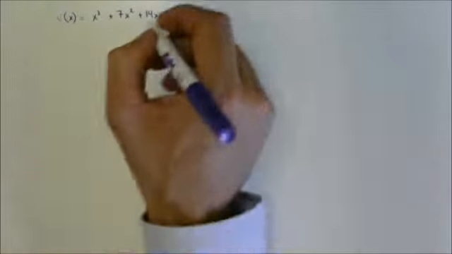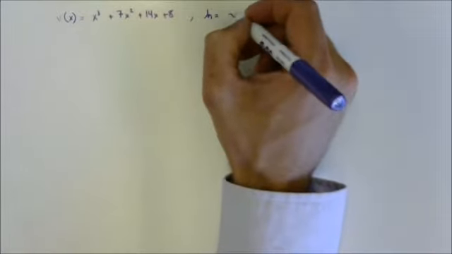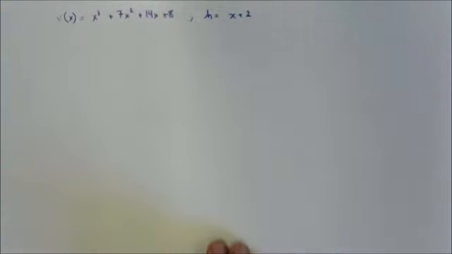And we are told to determine the possible dimensions of the box if the height of the box is represented by the binomial x plus 2.